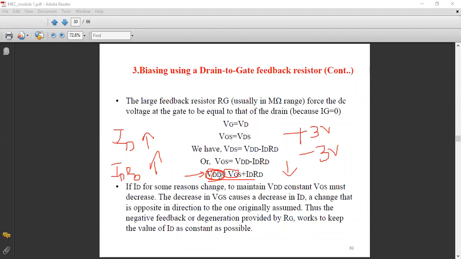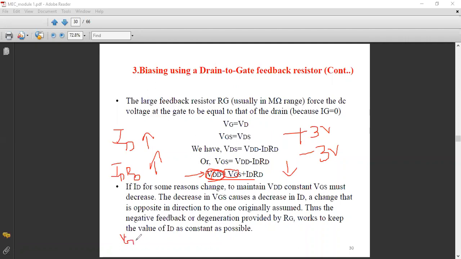Because VDD is a battery voltage or supply voltage, maybe 10 volt or 12 volt, that is fixed. So when ID increases, IDRD increases, and correspondingly VGS should decrease, so that VDD remains constant.